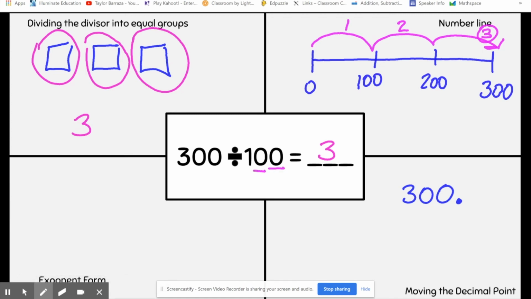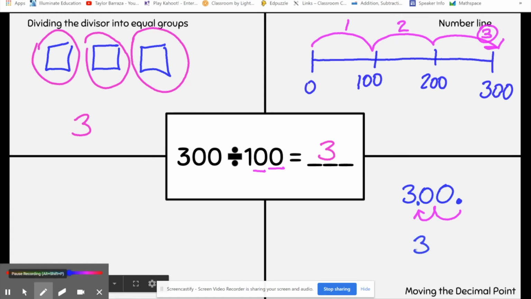There are 2 zeros in 100, so I need to move the decimal point 2 times to the left since I'm dividing. I can now rewrite my answer as 3.